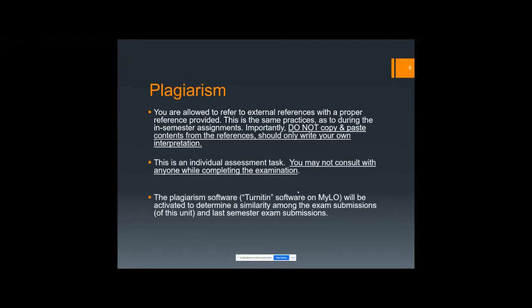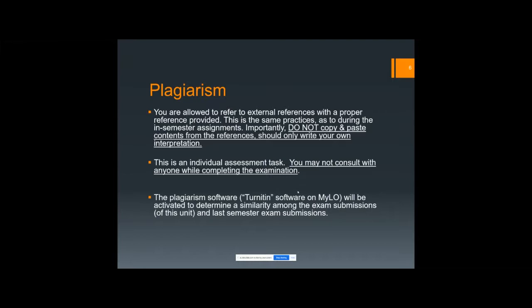The third one here is that we will turn on the plagiarism software that UTAS has running in Milo, called Turnitin. This software will look at all your assignment submissions and compare them among your submissions. This semester and last semester was the first time we ran the online exam.